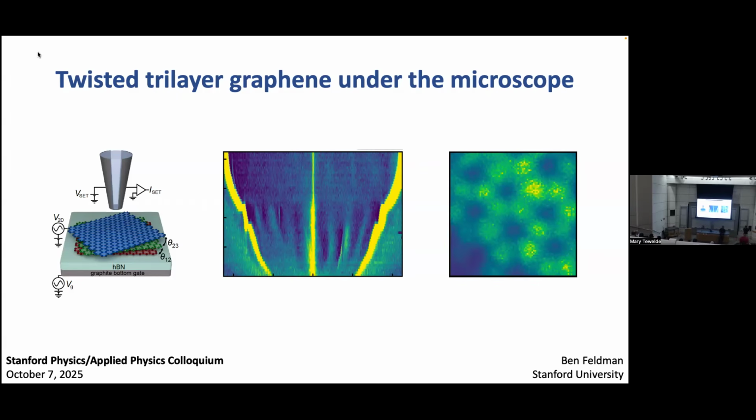He's developed the capabilities to measure thermodynamic properties of these exciting systems that people are studying. And only about a handful of people in the world have those capabilities. So he's going to tell us about that. And the title of his talk is Twisted Trilayer Graphene Under the Microscope.